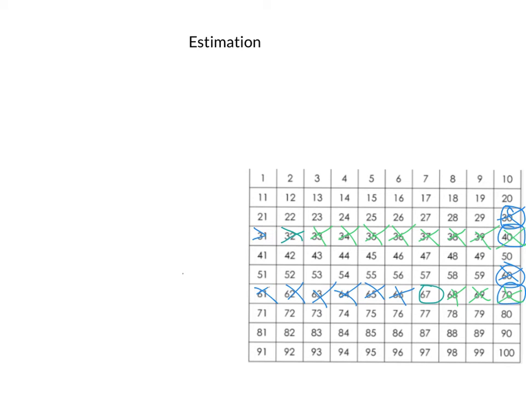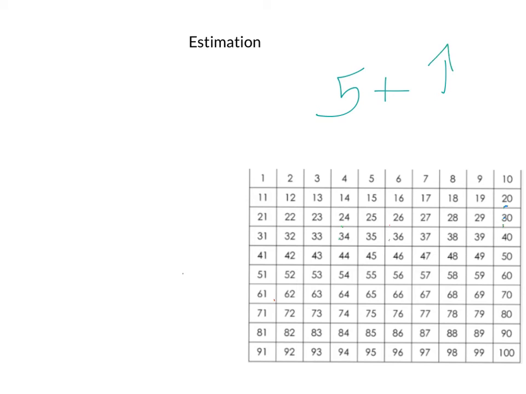Again, use your numbers chart. If you have the opportunity to use a hundreds chart, do it. If you don't want to use a numbers chart, just remember, if your number is 5 or more, you're going to round up. If it's 4 or less, you're going to round down.